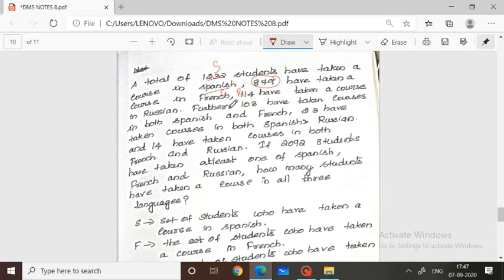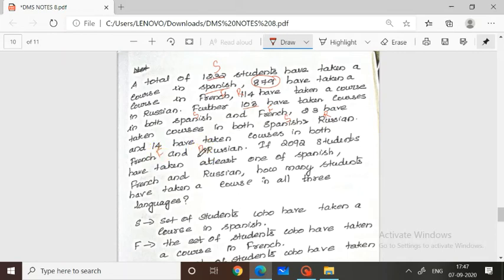Let us take S as 1232, F as 879, and R as 114. Then 103 have taken the course in Spanish and French, 23 have taken a course in Spanish and Russian, and 14 have taken the course in French and Russian.